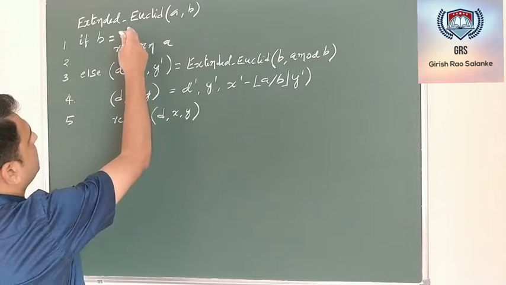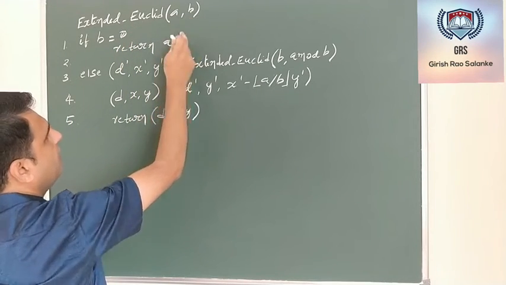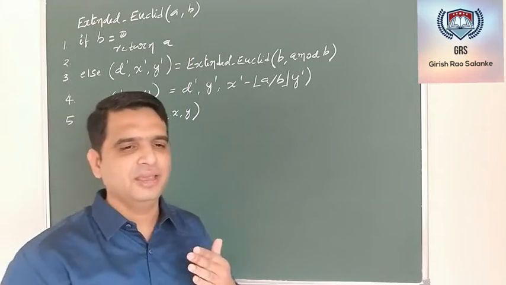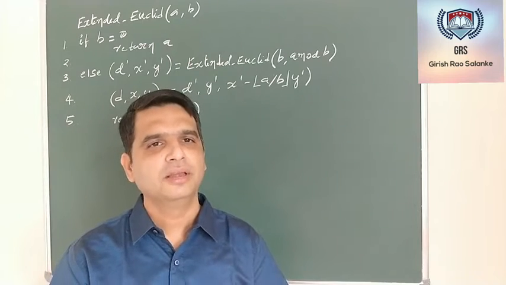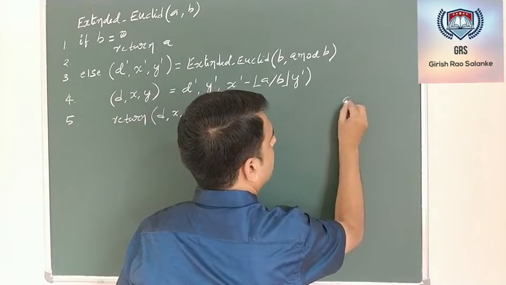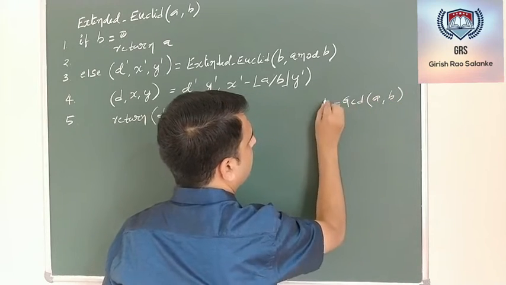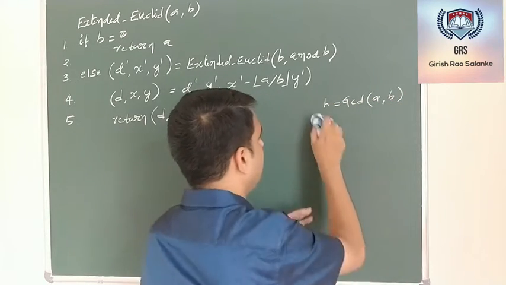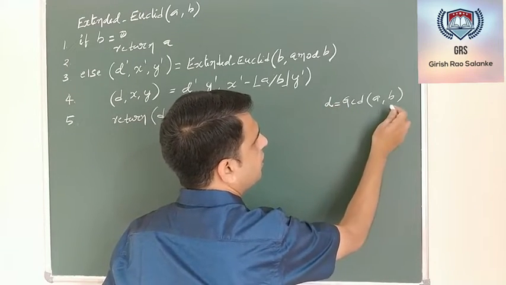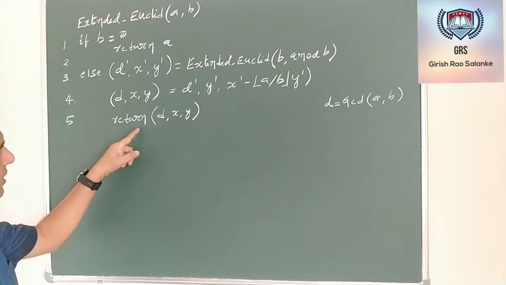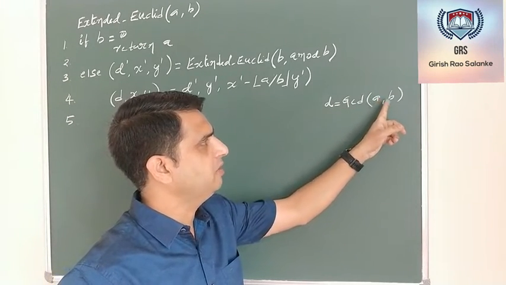Note that the input to this algorithm are two non-negative numbers A and B. What it basically gives you is d, which is the GCD of A and B. So finally, at the end, it is going to return d, which is the GCD of the two input numbers A and B.